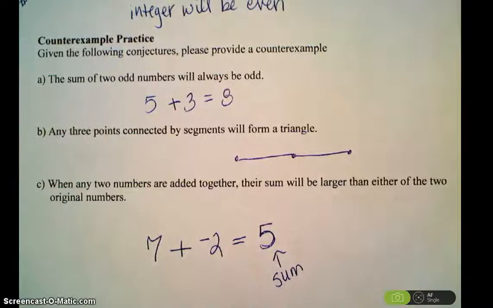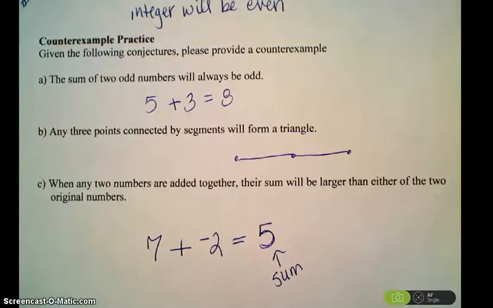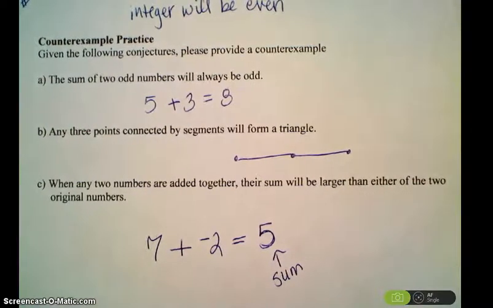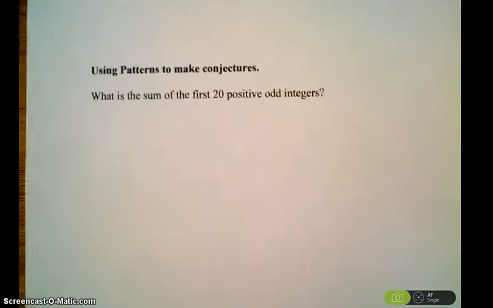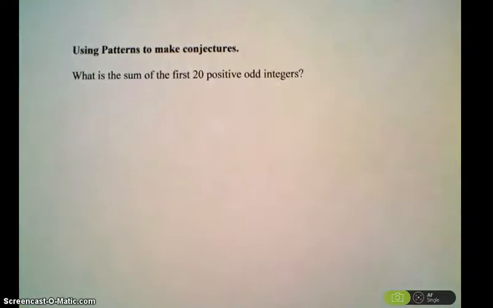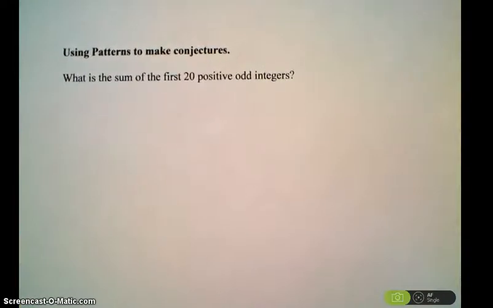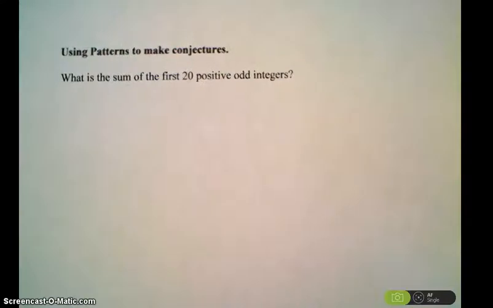Okay, so let's go ahead and take a look at the last example on the last page. In that example, you're being asked a question: what is the sum of the first 20 positive integers?